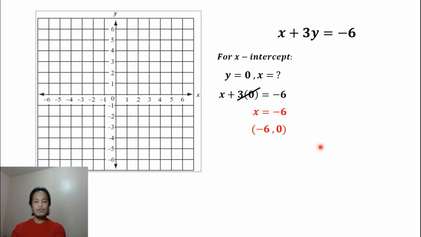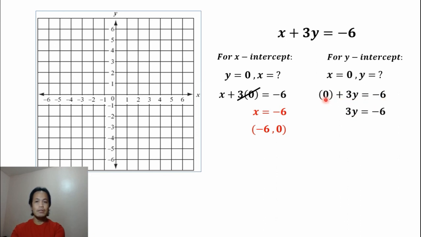Now, let's proceed to solving for the y-intercept. So, for the y-intercept, we set the value of x, of course, to 0. Then our y is unknown. Using the equation, we substitute our x, which is 0. We copy plus 3y equals negative 6. So, we cancel out. What remains here is 3y equals negative 6.